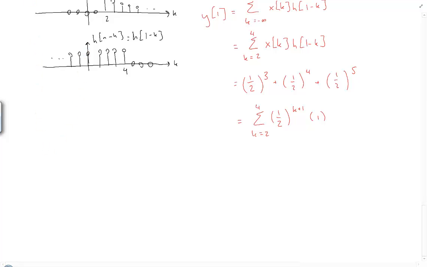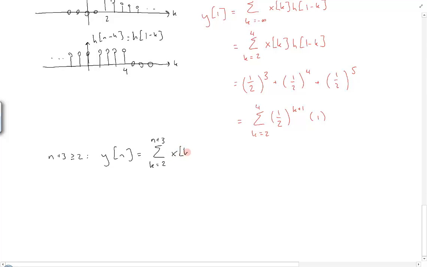So in general, for n plus 3 greater than or equal to 2, we get that y of n is going to be equal to the summation. And again, it technically goes from k equals minus infinity to infinity, but the only places where it's going to be non-zero, where there's overlap, is starting from k equals 2 up to n plus 3.